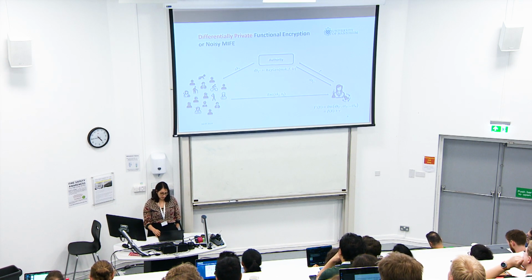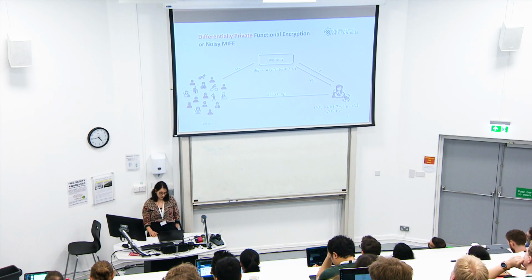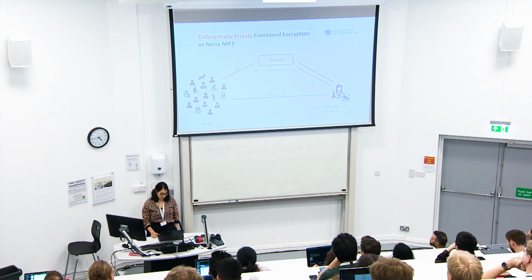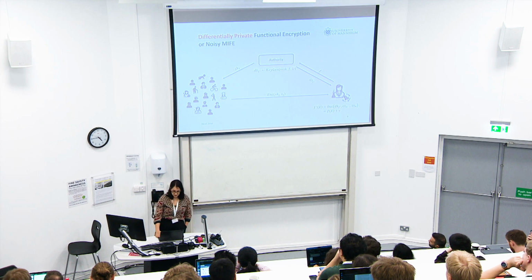So the analyst who decrypts the data, or who evaluates the decryption key on the ciphertext, now evaluates not the function f of x, but f of x plus some noise that is sampled via the distribution associated with f. This can directly be used for privacy-preserving analysis, and there are some open questions that we solved in our paper.